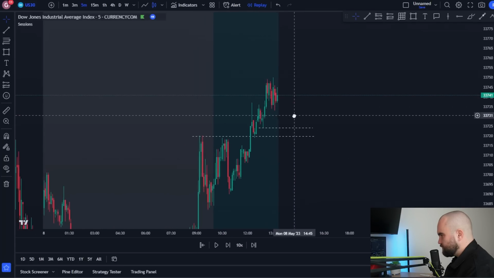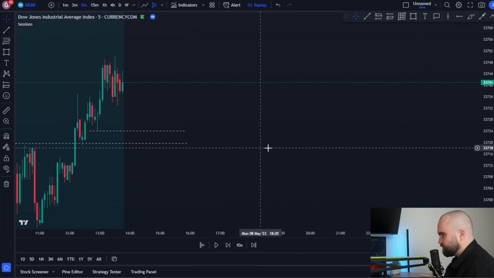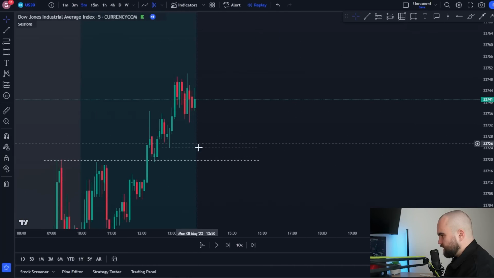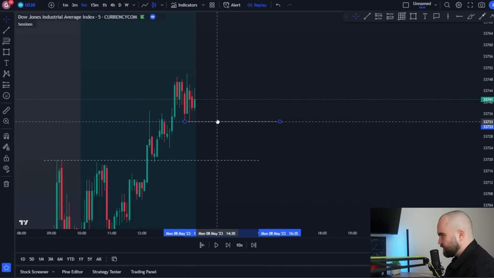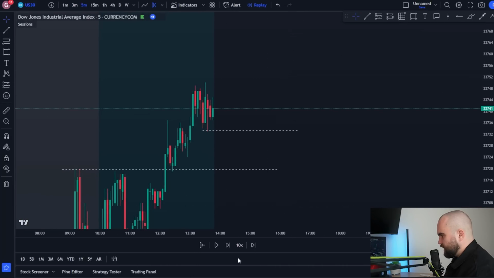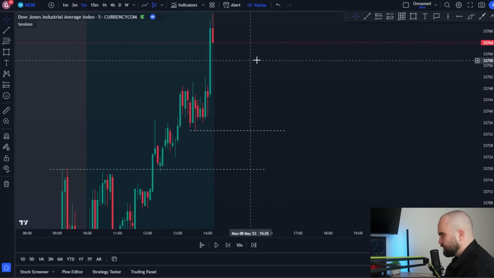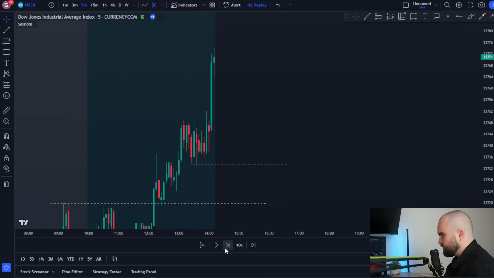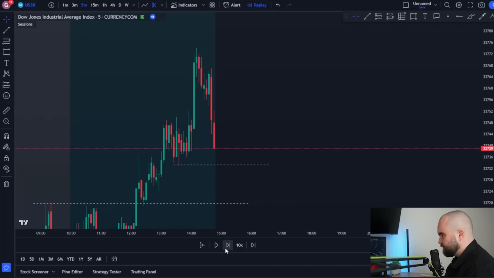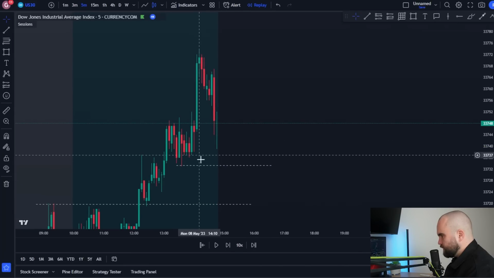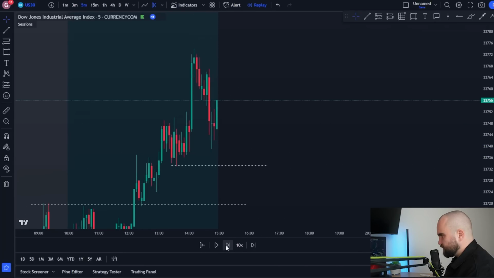Okay, so now we've got an interesting point. You can see price broke up here. So I would actually be happy if price broke this nicely. Okay, nope. Price is continuing up. Okay. Let's see if price breaks.